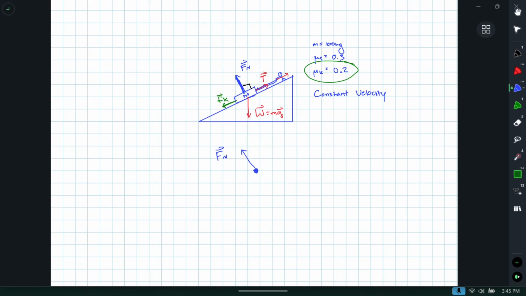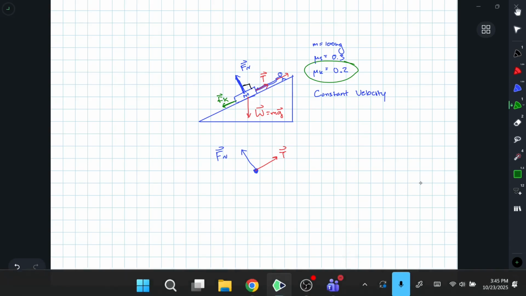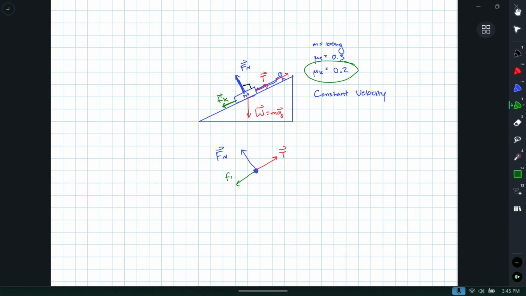It's a dot. Here's all the forces on it.